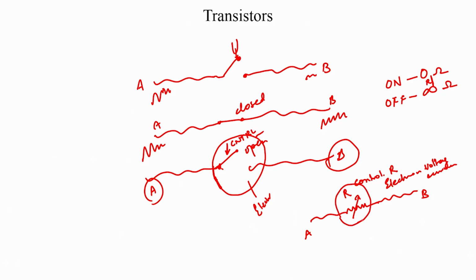Essentially the transistor should have 3 points: one corresponding to point A, one corresponding to point B, and a terminal where the control signal is given. Between A and B you have this variable resistor. That is what the transistor is.